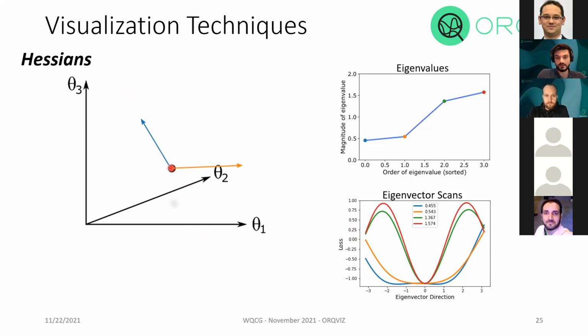Here is the 0 eigenvector direction, then here would be plus pi, and here would be minus pi. And so the Hessian essentially gives us informed directions in the sense that in these directions, the curvature is maximal independent from all the other directions. That's what the eigenvectors indicate.